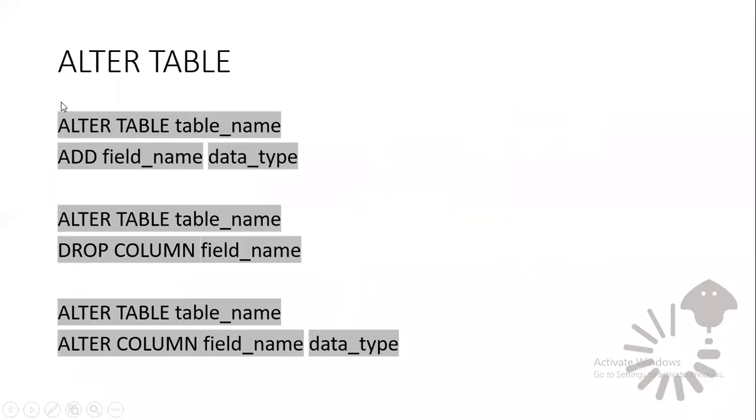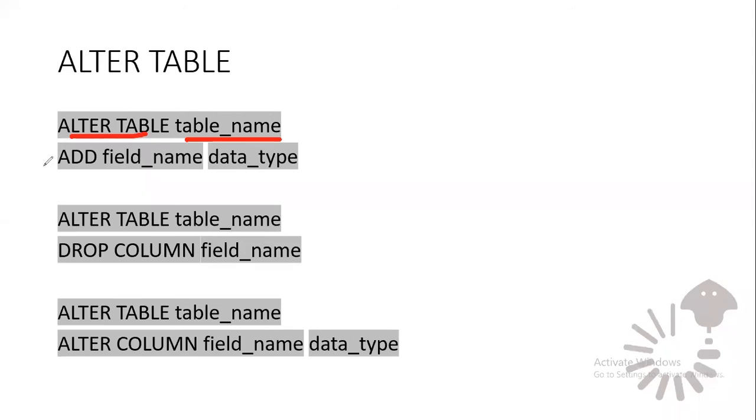We can also alter table. For alter table, we are making changes. Minomodify natin yung table. Syntax is alter table. That is your keyword. Followed by anong table yung babaguhin natin, yung i-update natin, yung edit natin. Specify the table name.